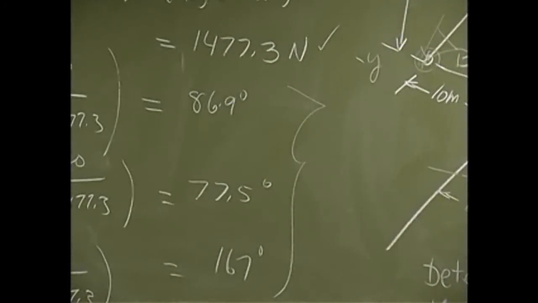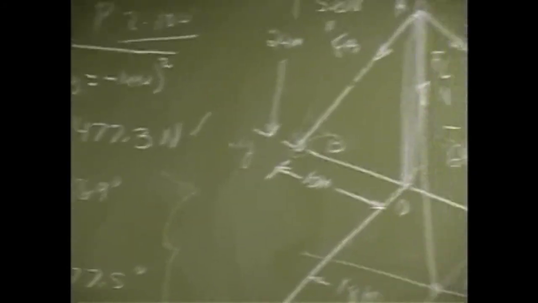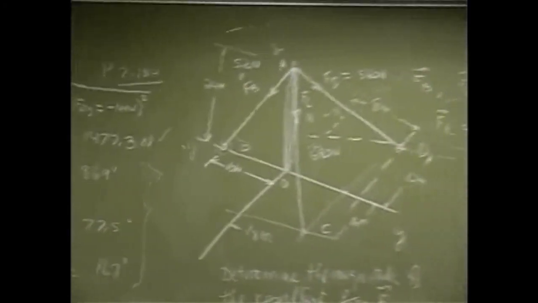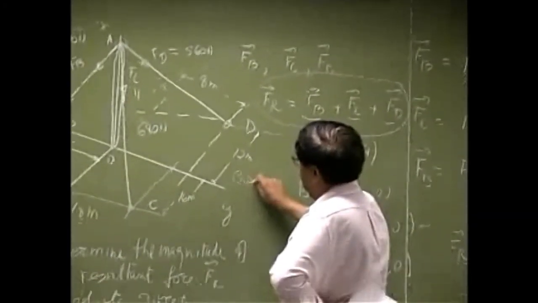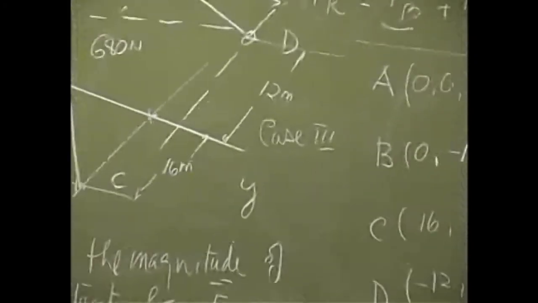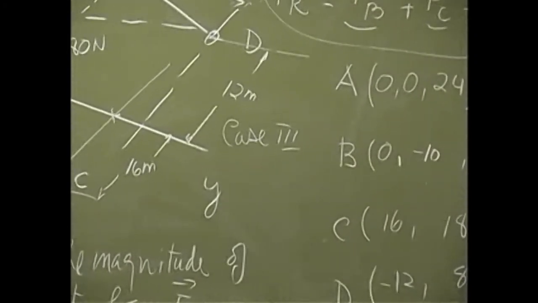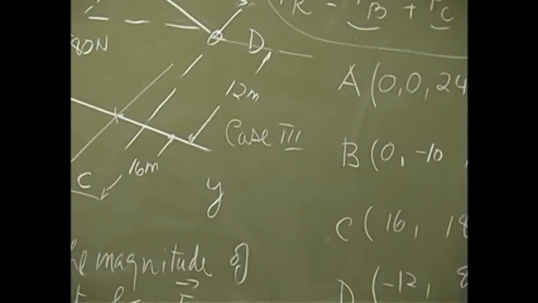Now, the thing to note in this particular problem is that all your forces were of type case 3. That means you had the force magnitude and you had two coordinates along those forces.